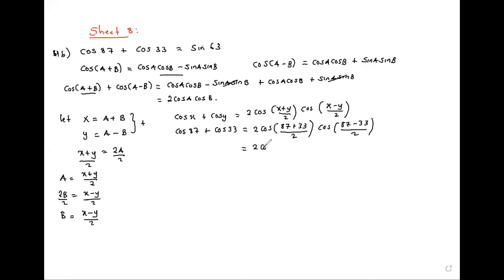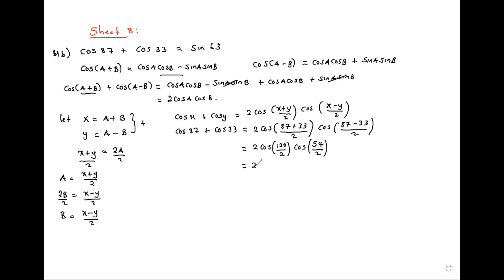This is 2 cos of (87 plus 33), we get 120 over 2, cos of (87 minus 33), we get 54 over 2.